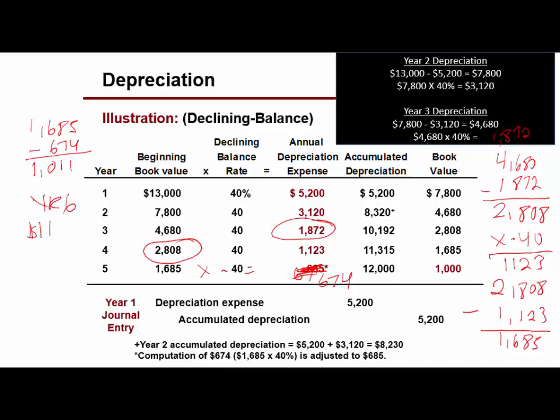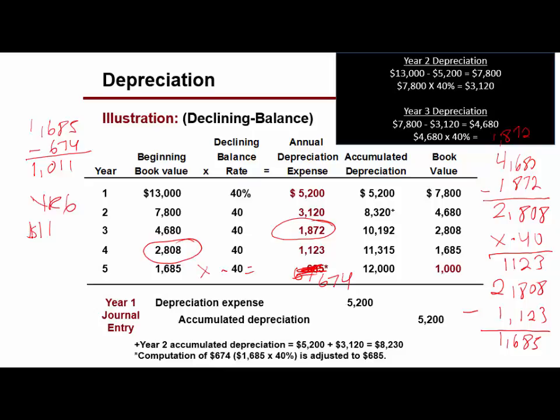Okay, so declining balance, usually double declining balance, we do what? Take the straight line, we double it, right? We take that against the original cost for year 1. That gives us our depreciation for year 1, and our accumulated depreciation at the end of year 1. We take the original cost minus accumulated depreciation.